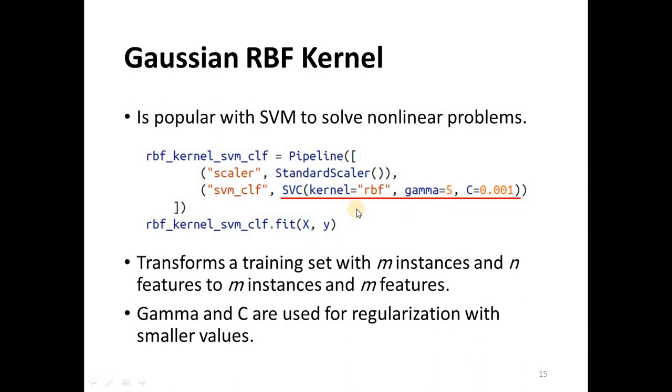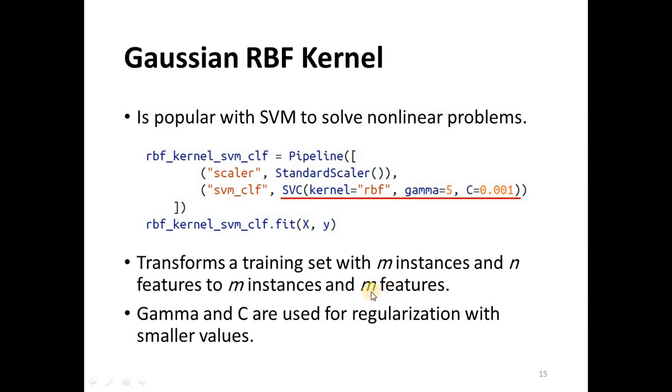Here is how we use the RBF kernel in this pipeline using the SVC class. We use the RBF kernel. It has hyperparameters gamma and C. The RBF kernel transforms a training set of m instances and n features to m instances and m features.